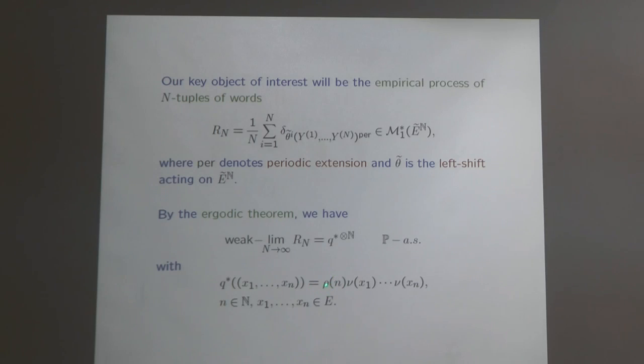Draw tau according to rho. The probability that the first word has length n is rho n. And then each letter was drawn independently in this sequence anyway. So what you will see under your word is a product measure, and this describes the probability distribution for a single word of any length and any symbols that you put in.